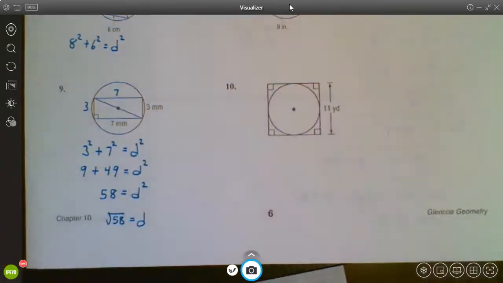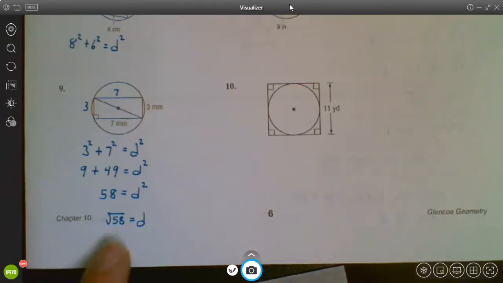Guys, in this case, again, you cannot put that into a calculator and get an exact answer. It's going to be rounded. So if they say give an exact answer, then just leave your radicals as radicals. If you can simplify that radical, do it. But the square root of 58 cannot be simplified. That is as simple as it gets.